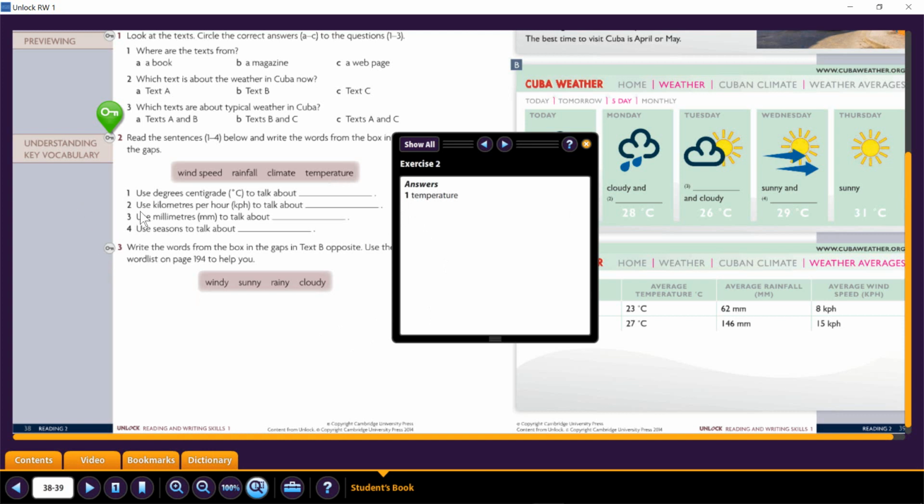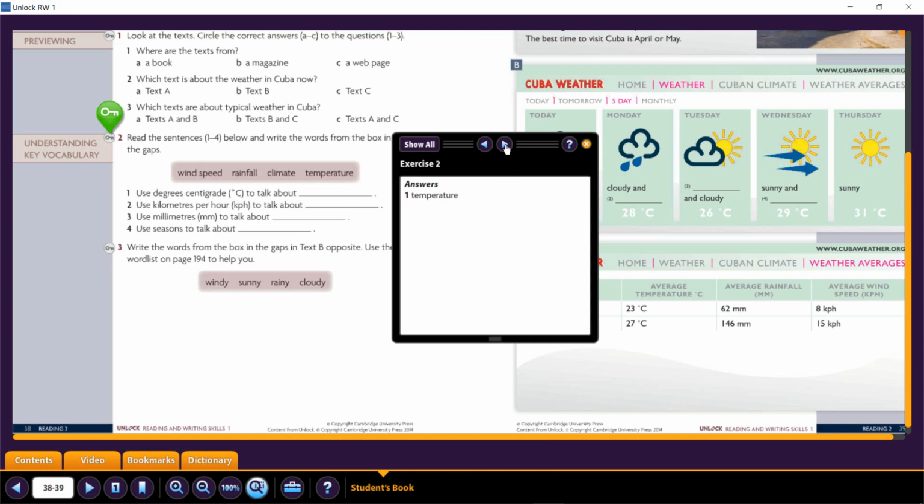Number 2, use kilometers per hour, kph, to talk about what? Whenever we use this abbreviation or kilometers per hour, we are going to talk about what? What do you think? Since we have kilometers, is it something related to speed?